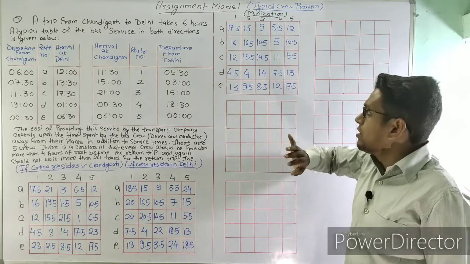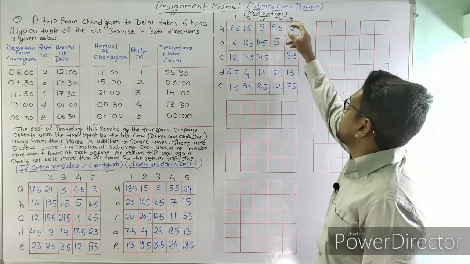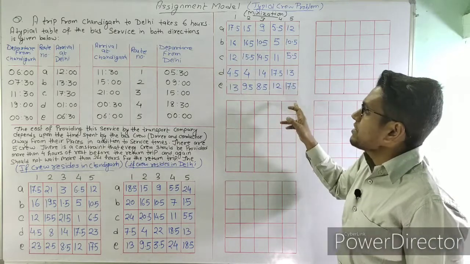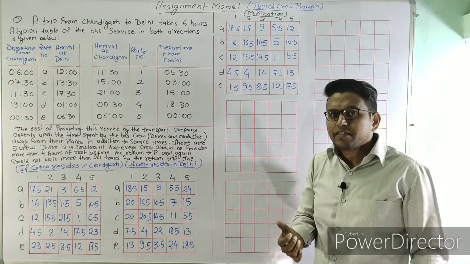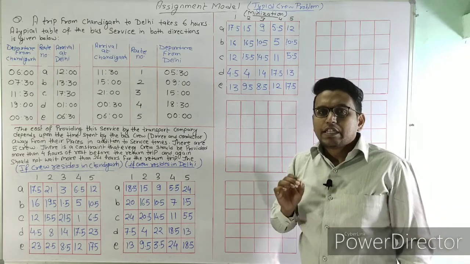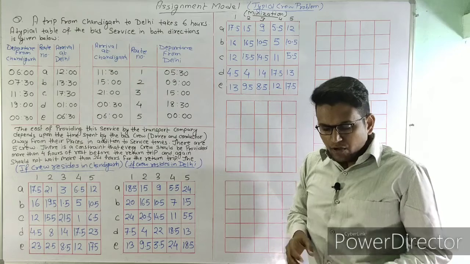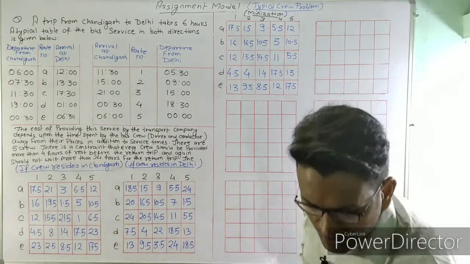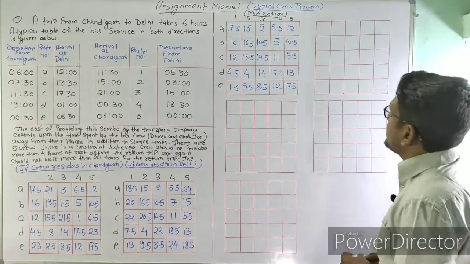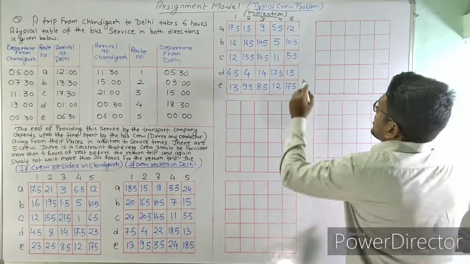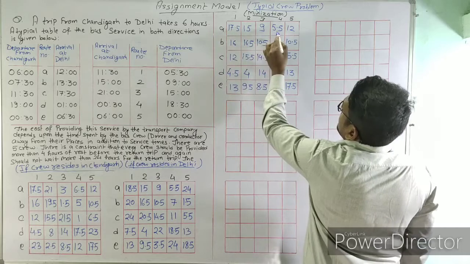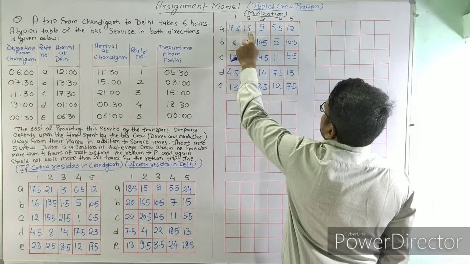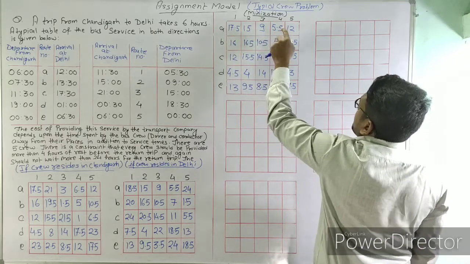So now, as we have made the minimization matrix, we are going to solve this and make assignments here. First of all, we are making sure that our matrix is a 5 cross 5 square matrix, and the next step is to reduce the matrix, that is, to have 0 in each row and in each column. For that, we are going to do row reduction and column reduction. Let us start first from row reduction. In row reduction, we will select the minimum value in the row. As in row 1, the minimum value is 5.5, and we are going to subtract each element of this row by this minimum value.